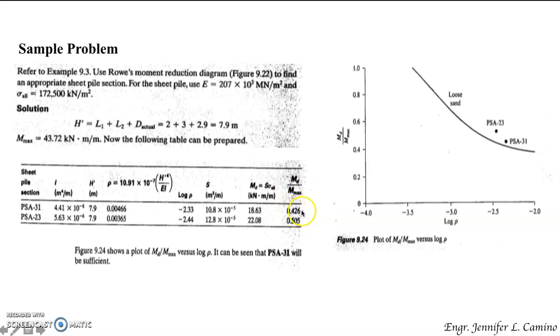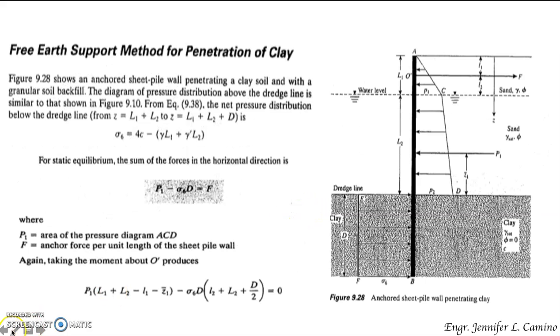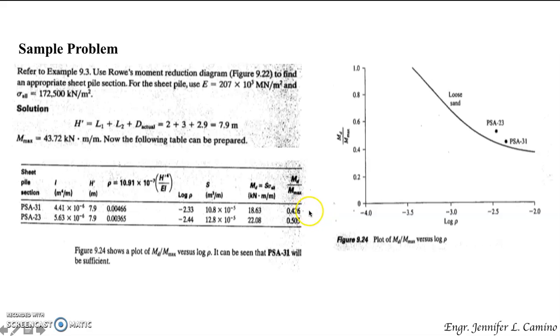So we have to use this PSA 31 section. Because if you try to observe, if you graph log of rho and M sub D over M sub max, you have here the position of PSA 31 and PSA 23. So based on this illustration, it satisfies the minimum requirement of PSA 31.